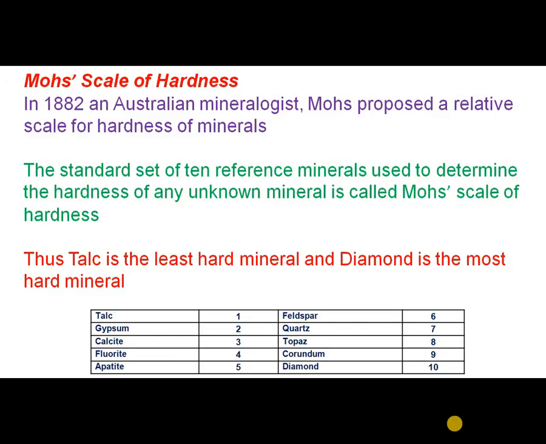This is called the Mohs hardness scale. In 1812, a mineralogist, Mohs, proposed a relative scale for hardness of minerals for easy identification. He has made a set of 10 references which are used to determine the hardness of any unknown mineral.